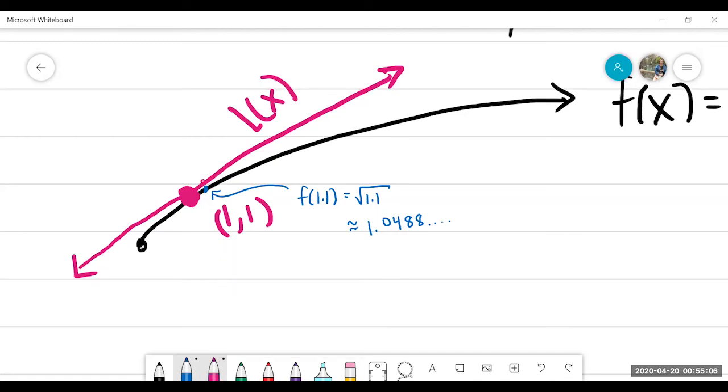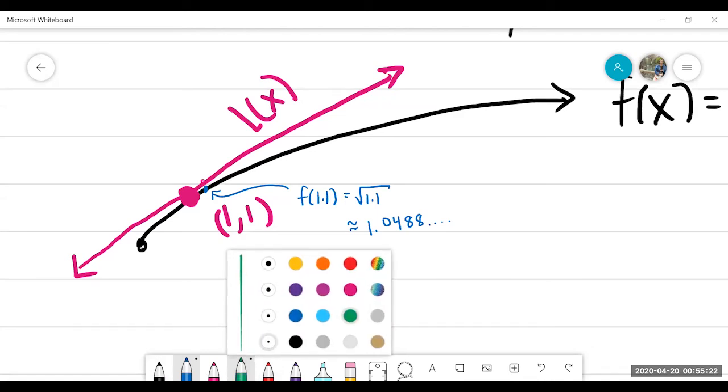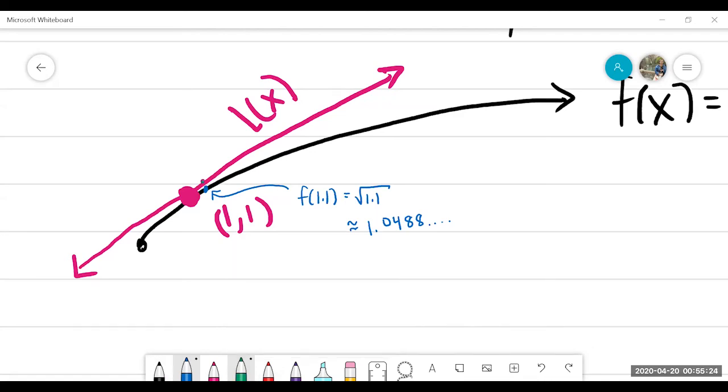However, what we were finding here on the line, and let me actually switch colors so we can see it a little bit better. Green perhaps? What we found right here on this line, okay, this is L of 1.1, which we found to be 1.1.